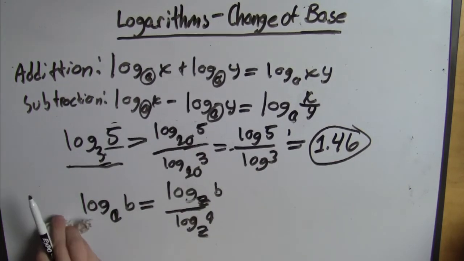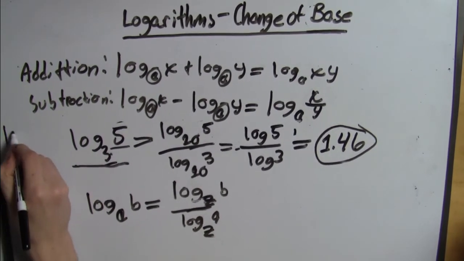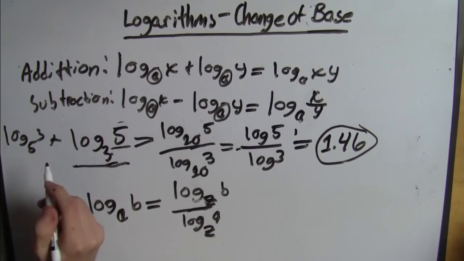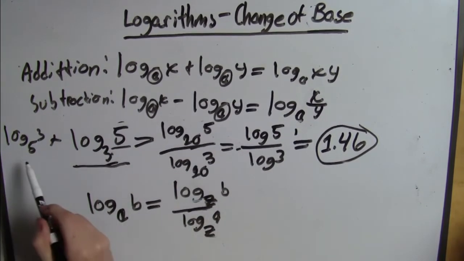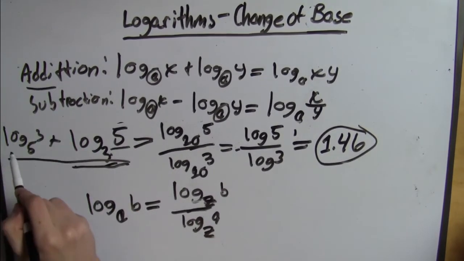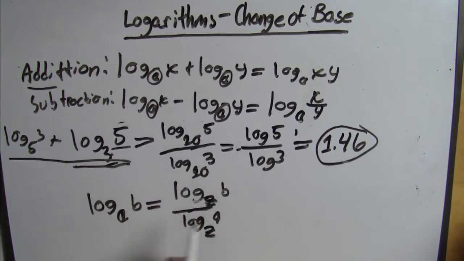The reason why I say this is, if we were to add this expression, right? Let's say log base 5 of 3 plus this, right? We couldn't use the addition rule on this, but we could evaluate these individually, right? Do what we did here.